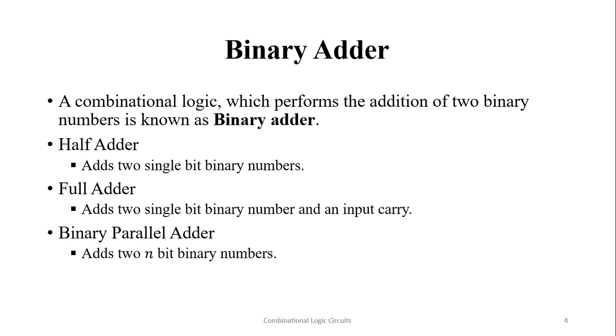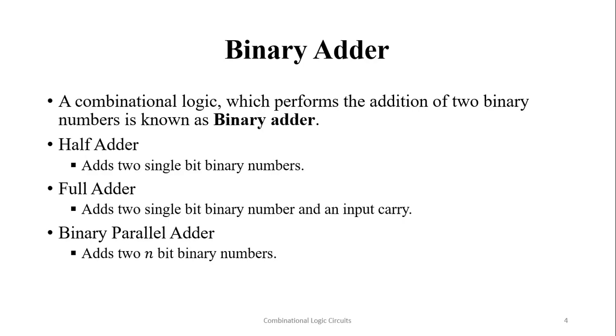Types of adder. A half adder adds two single bit binary numbers. A full adder adds two single bit binary numbers and an input carry, so it's a 3-bit adder.